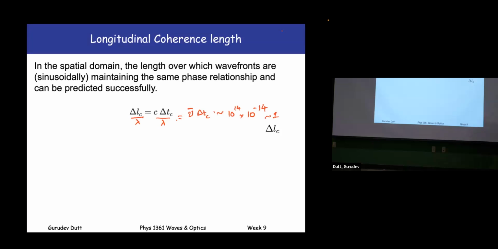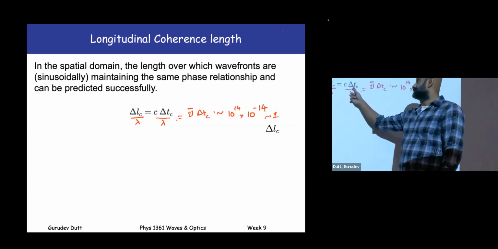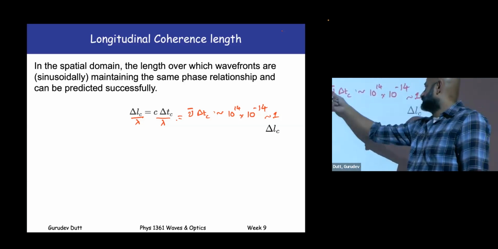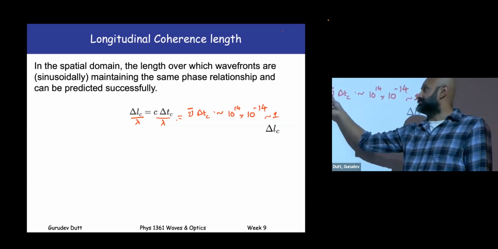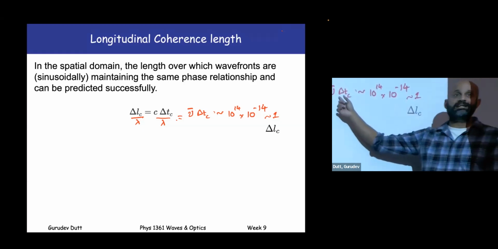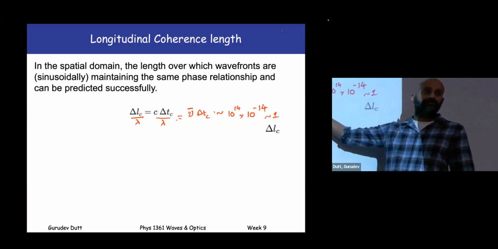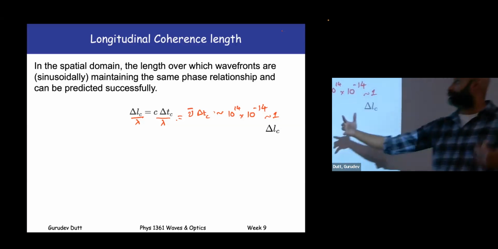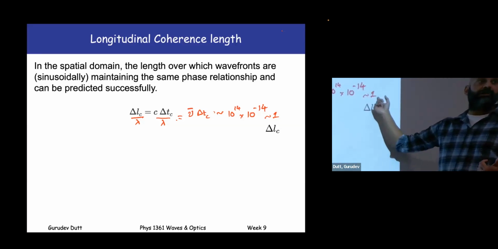So if I now take this and divide by lambda on both sides, delta LC over lambda is equal to c over lambda times delta Tc. Well, c over lambda is just nu bar, the central frequency, which is on the order of 10 to the 14 for visible light. Delta Tc, I told you, is on the order of 10 femtoseconds, which is the bandwidth of white light, also 10 to the minus 14. This is on the order of 1.